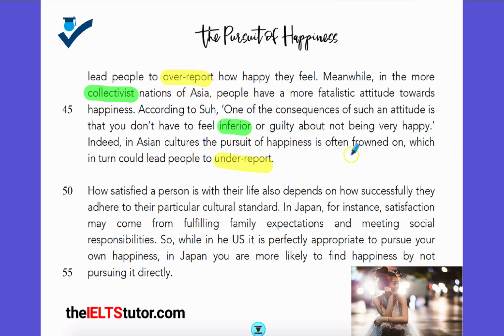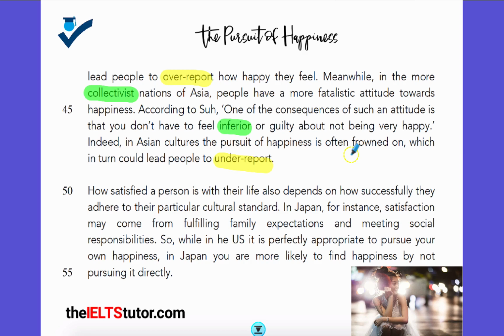It's the same thing for under-report. In this context, it means to say things that are not as bad as they are. In this passage, it refers to the fact that they are not that happy. So if you under-report, you're basically saying that things are not bad when they are actually quite bad.